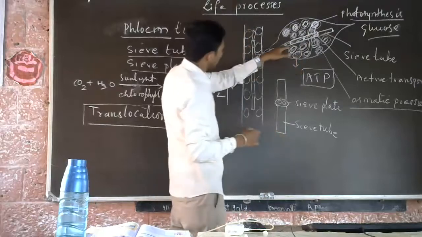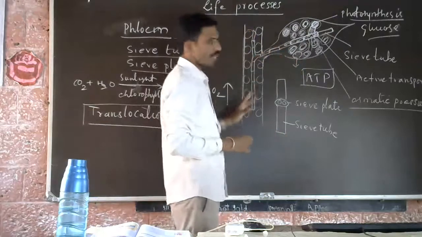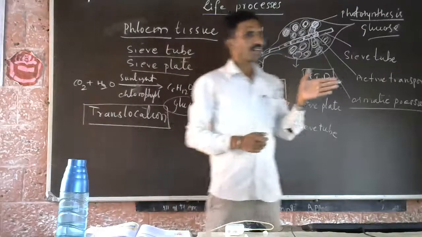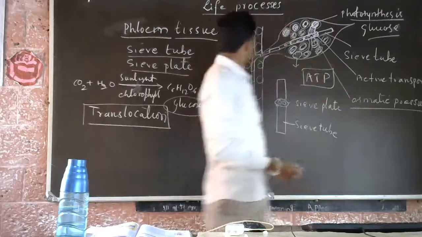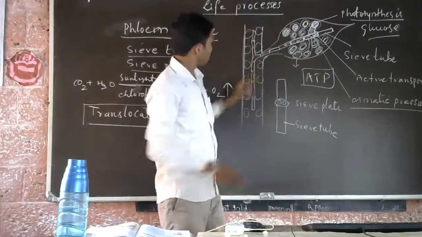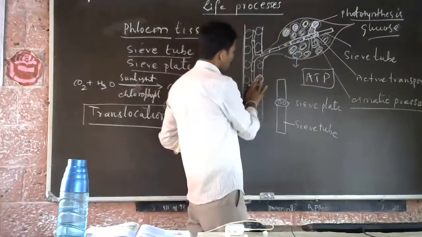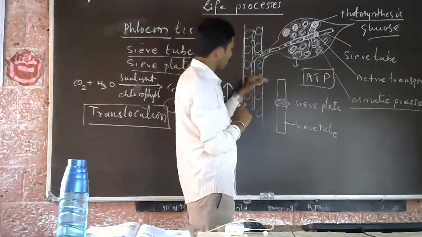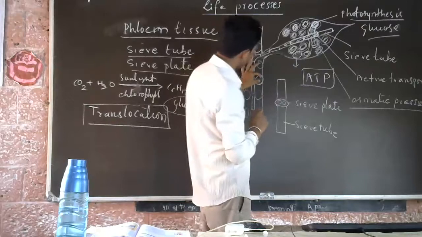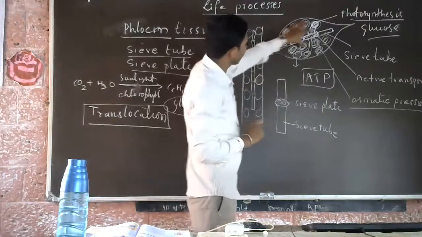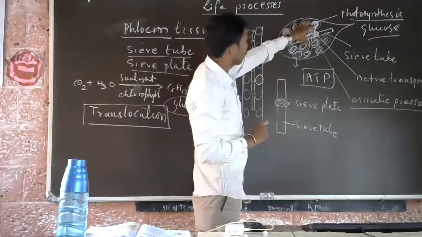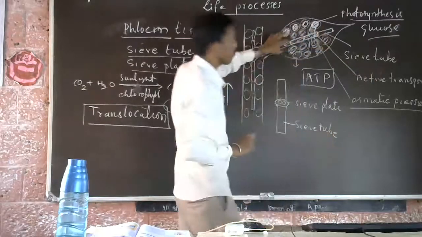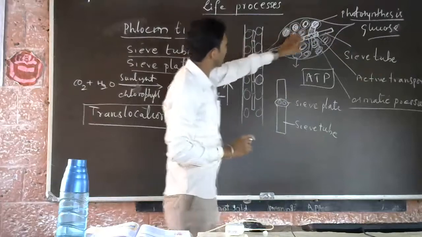So downward movement and upward movement happen by the difference in the concentration of the salts and glucose present in the plant body. Somewhere here there is a low concentration area where the food molecule is less, and here it is more. So the first time, the active transportation happens. After that, it will be passive. Cell to cell movement will happen.